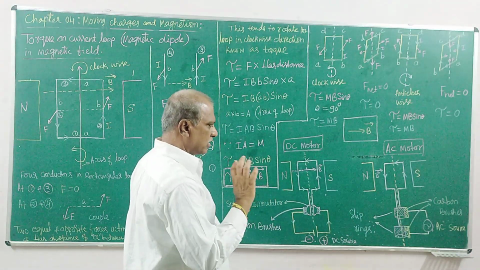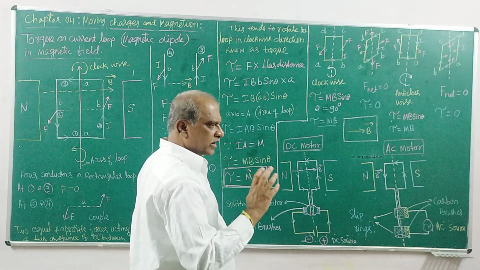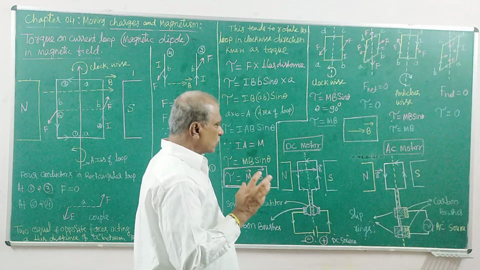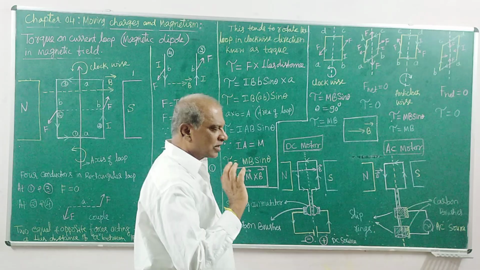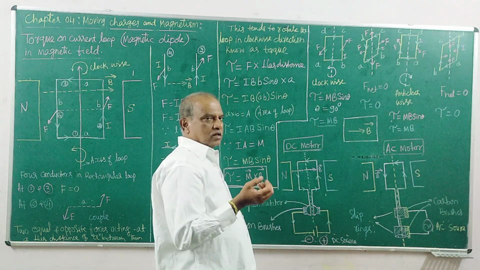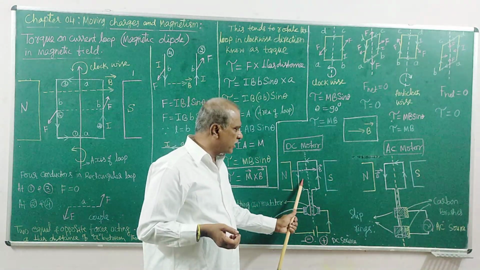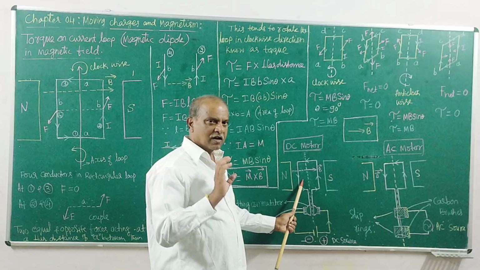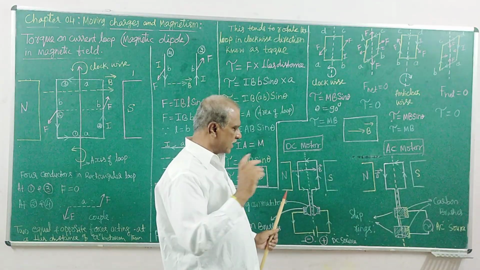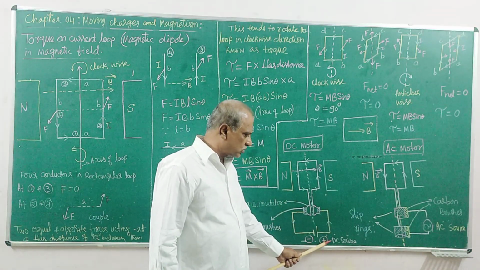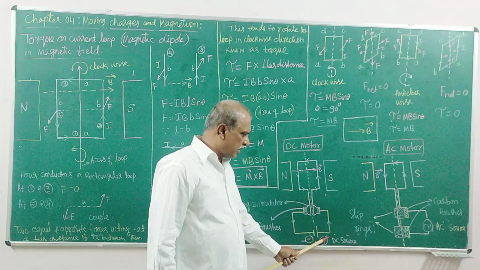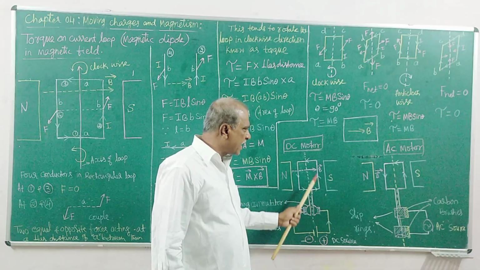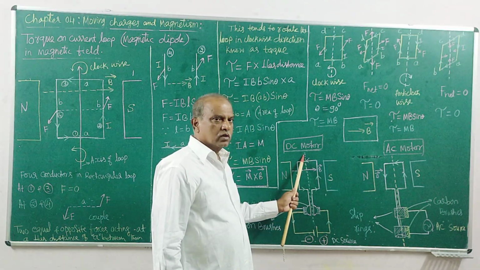Again clockwise, again clockwise. So this produces a continuous clockwise direction, rotating continuously for every 180 degrees. So DC source, that is electric current, changes into mechanical energy.